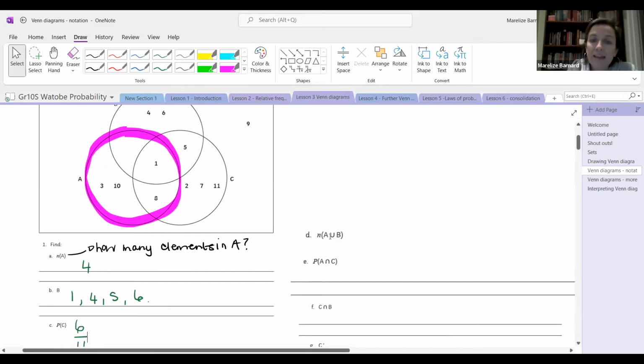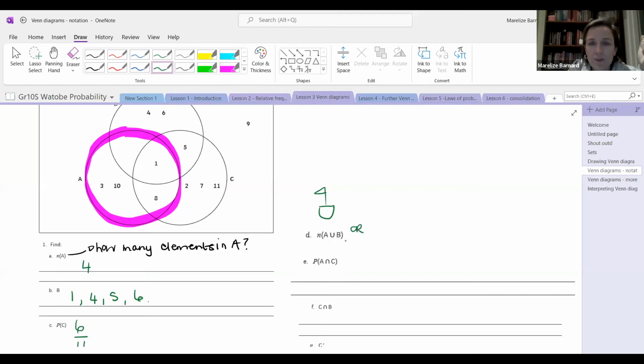Now remember N, this means how many. With your or, this looks like the little boat. So we are talking here about A or B. N always asks for how many. So how many elements in A or B?